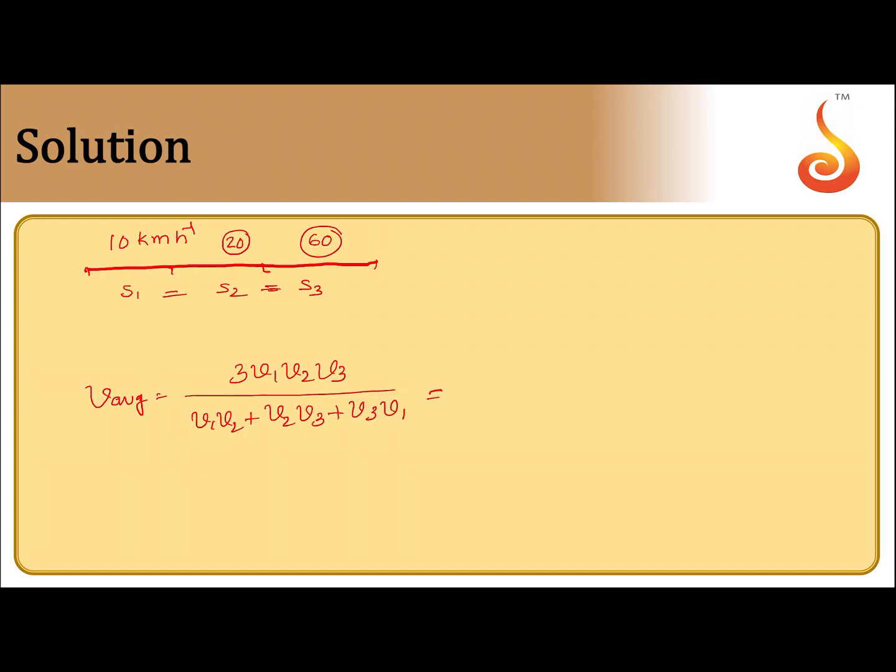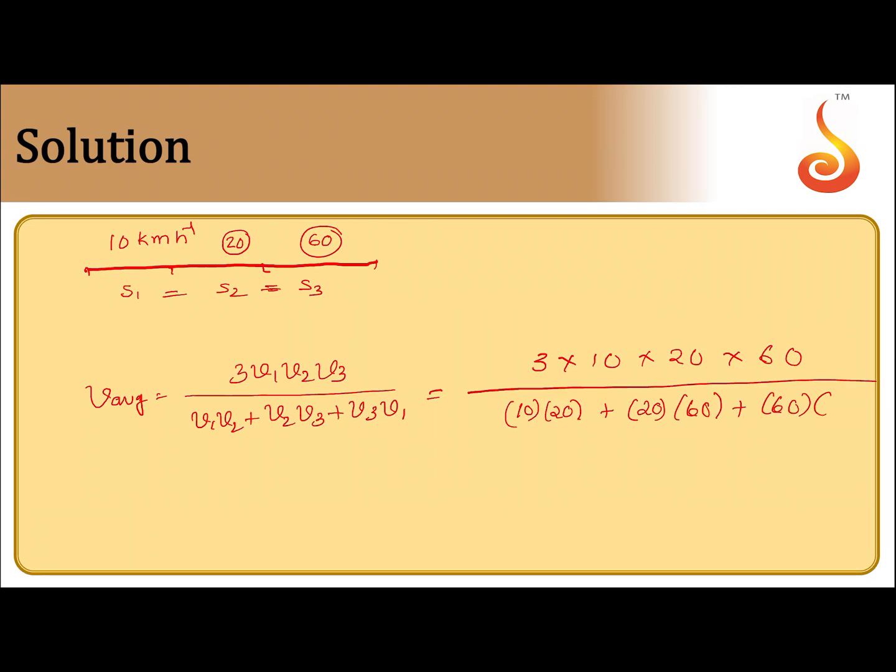Let us substitute for these details here. 3 V1 V2 V3, 3 into 10 into 20 into 60. V1 V2, 10 into 20 plus V2 V3, 20 into 60 plus 60 into 10.